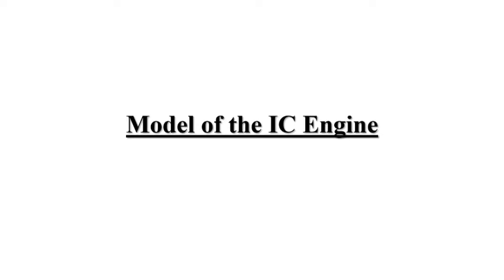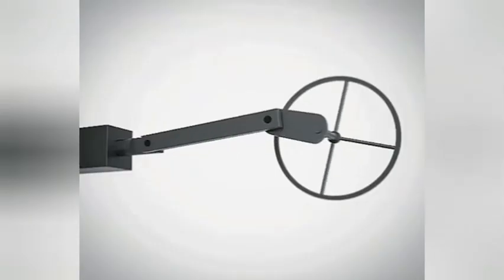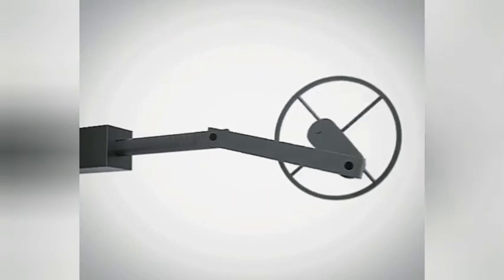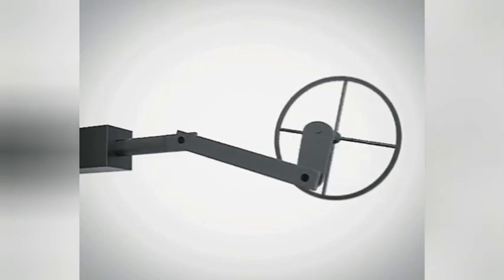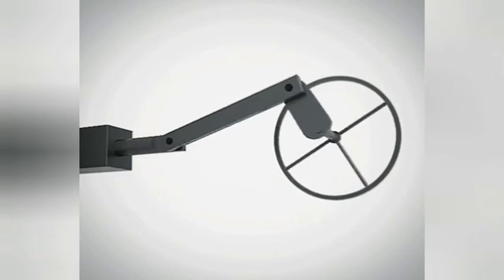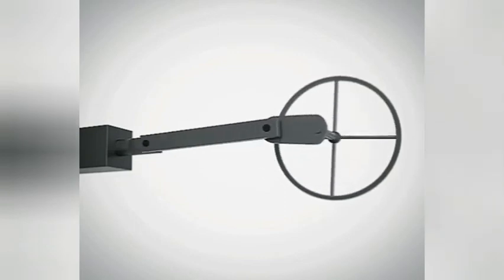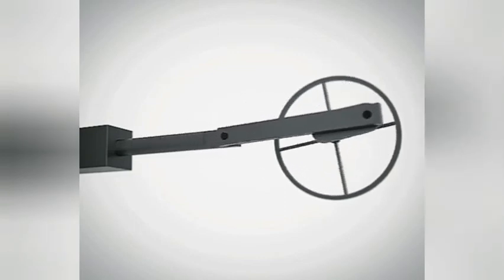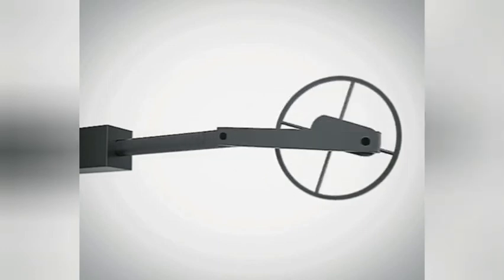First we will check a basic simple model, and then we will see the actual IC engine model. This is a simple 2D model where the wheel actually moves when rotated by a crankshaft arrangement.